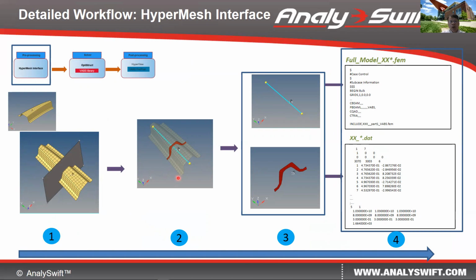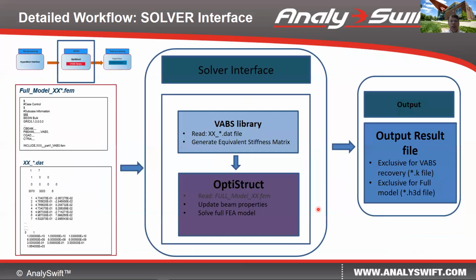Since the cross-section could change along the length, we could have multiple cross-section cards, then split into two types of model files. One is the one-dimensional beam model, which contains multiple two-dimensional cross-sectional models. Next, we invoke VABS to compute the cross-sectional properties for each cross-section as input to OptiStruct beam elements to do the finite element analysis. At the end, we output stress, strain, and one-dimensional results for visualization.